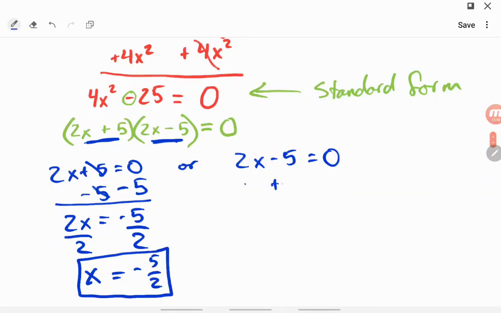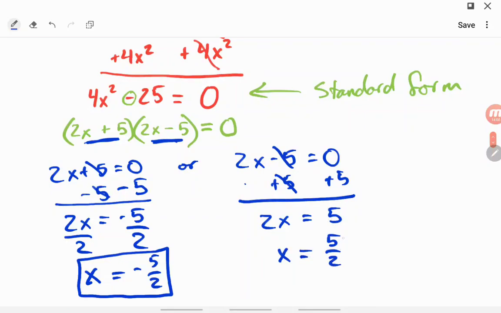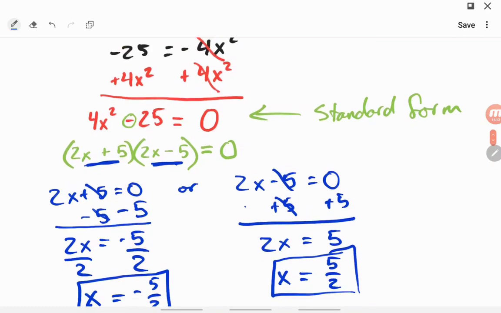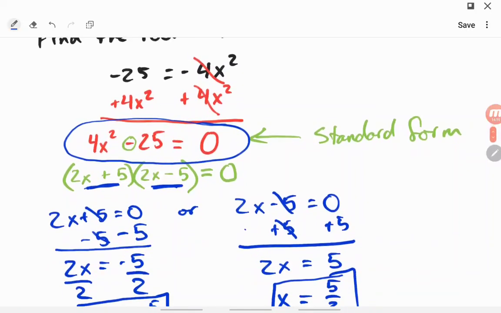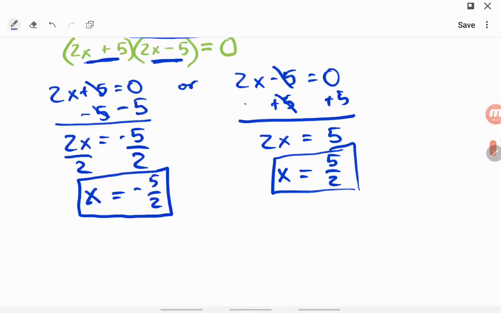Or we could add 5 to both sides on this right side and get 2x equaling 5, or x equals positive 5 over 2. When you are dealing with the difference of two squares, your answers will always be opposites of each other. So I can bring these two together and say that x equals plus or minus 5 over 2.